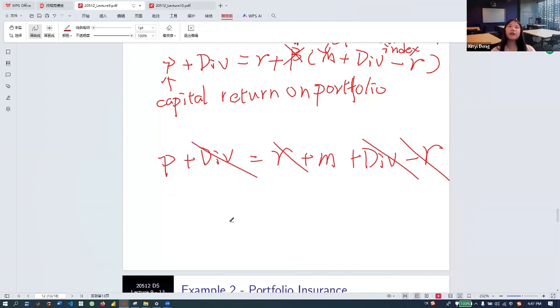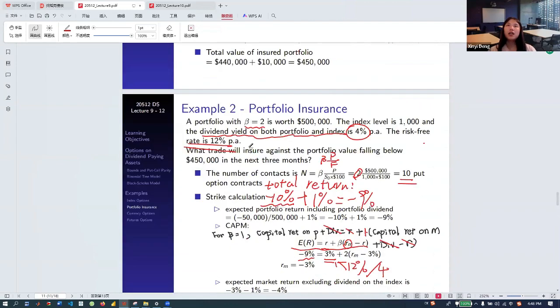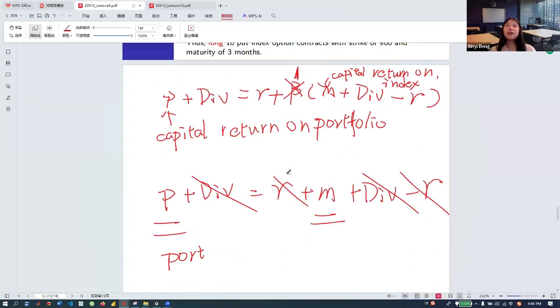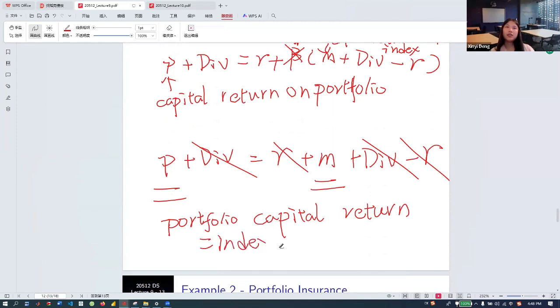So we actually get that the portfolio capital return is just equal to the market index return. That's why in the first example, we are directly using 10%. It's merely because beta is equal to 1. So portfolio capital return is equal to index capital return.